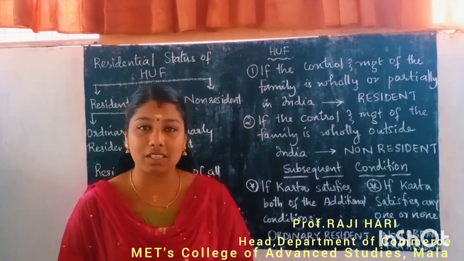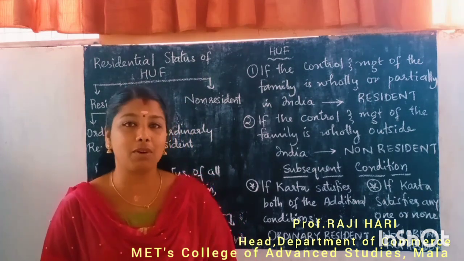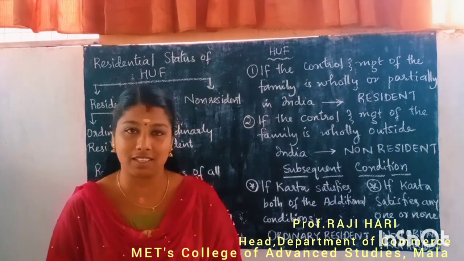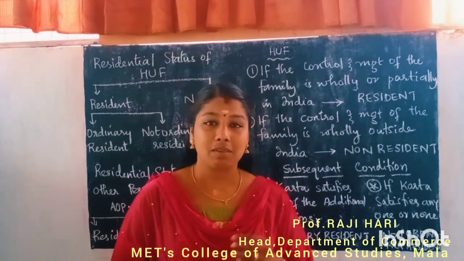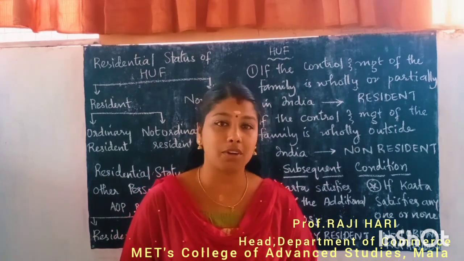If an individual satisfies any one or both of the basic conditions, he is known as resident. And if a person satisfies none of the basic conditions, he is known as non-resident.